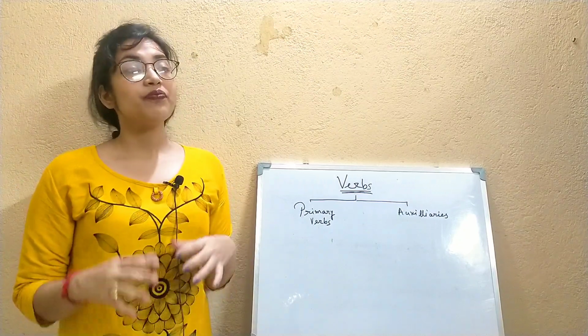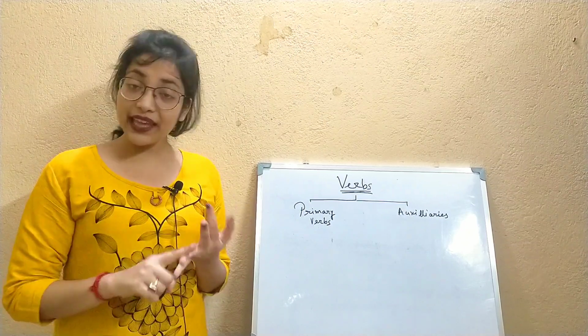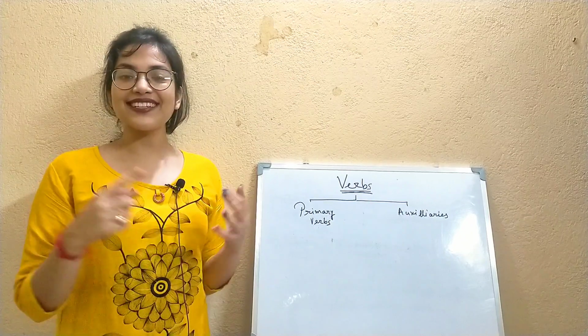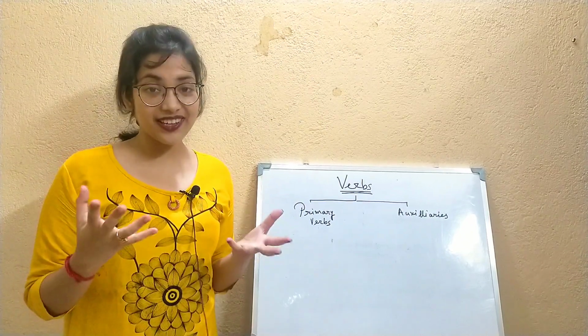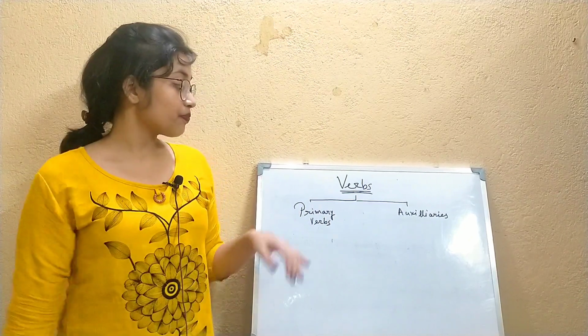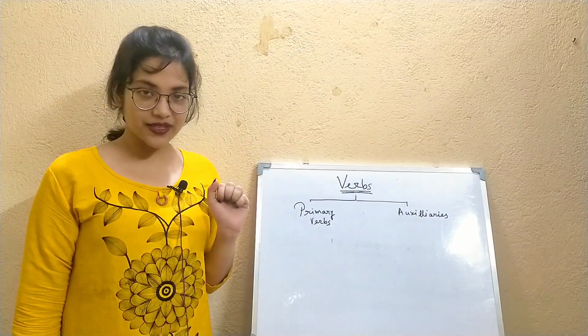Okay, so any action word like teaching, playing, reading, writing, cooking, singing, dancing, it can be anything, any kind of action that denotes a verb. Okay, so these are the examples of verbs.